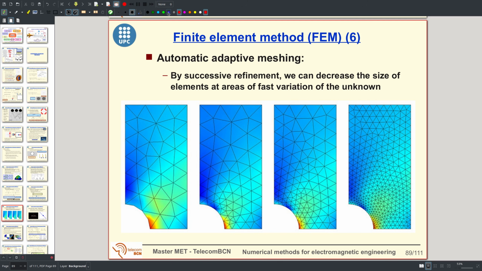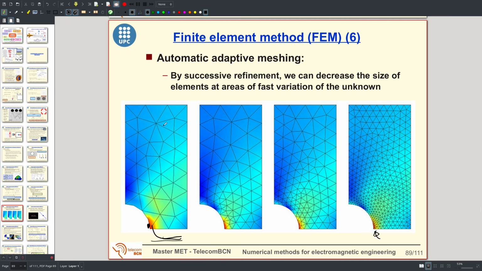Imagine, for example, that here we have an antenna, so the field is stronger close to the antenna, so it has a faster variation close to the antenna, and much slower variation away from the antenna. In this case, we can use smaller elements near the antenna for more accurate discretization. And finite element methods allow you to do this automatically.